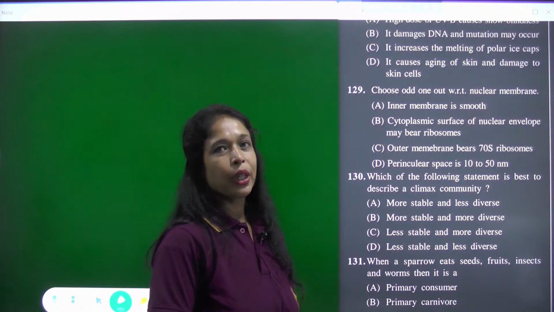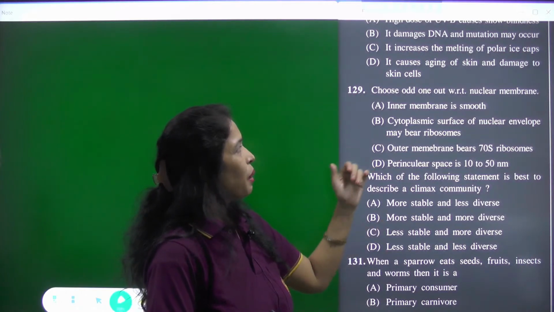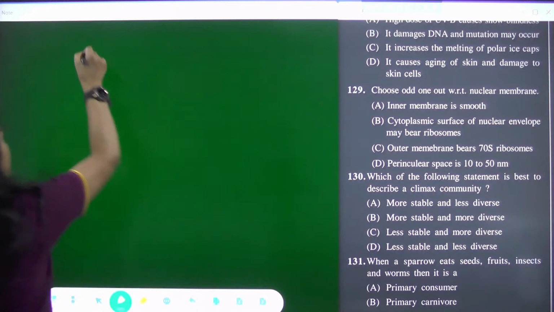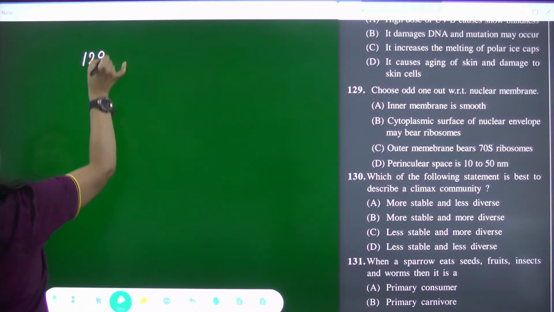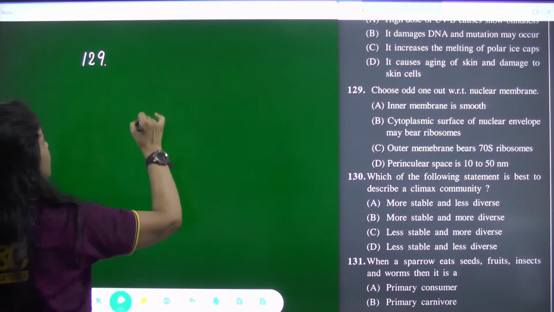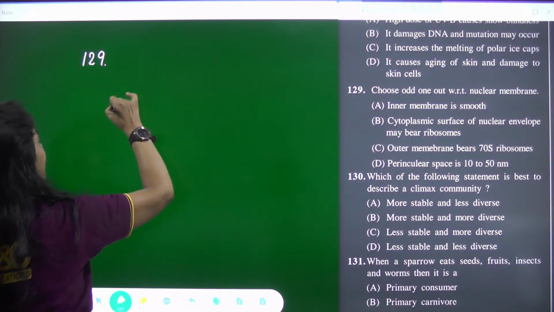With respect to nuclear membrane, inner membrane is smooth. Yes, students, this is the nuclear membrane, let's say.